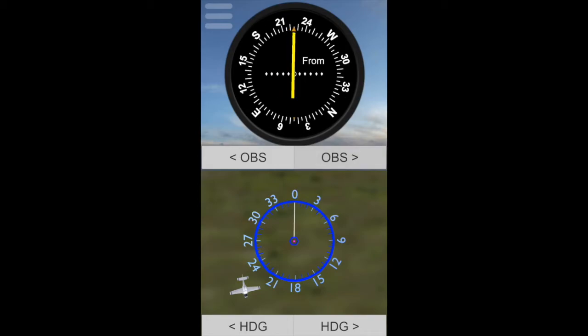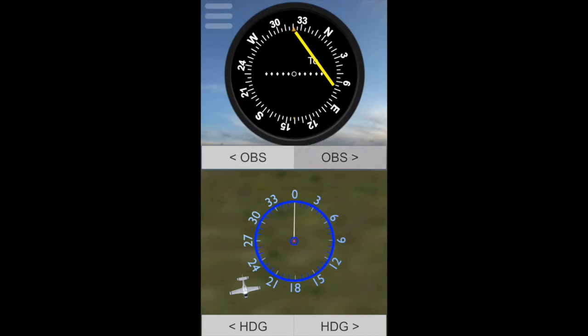I think this looks like 225. So okay, I'm on the 225 radial from the VOR. Want to fly away from the VOR, straight away, I fly 225. Want to fly straight towards the VOR, it's the reciprocal of 225, and it's just by turning this and making it a to and the needle centered.